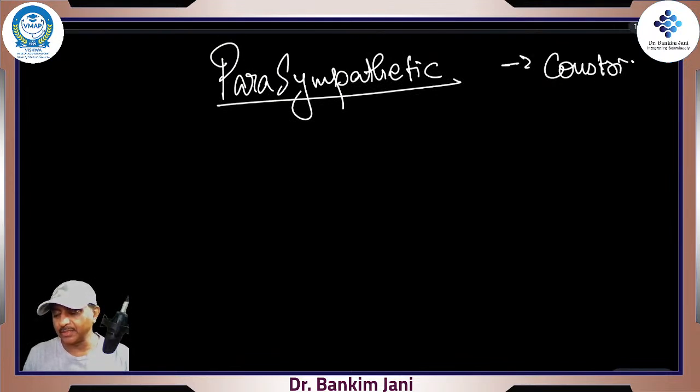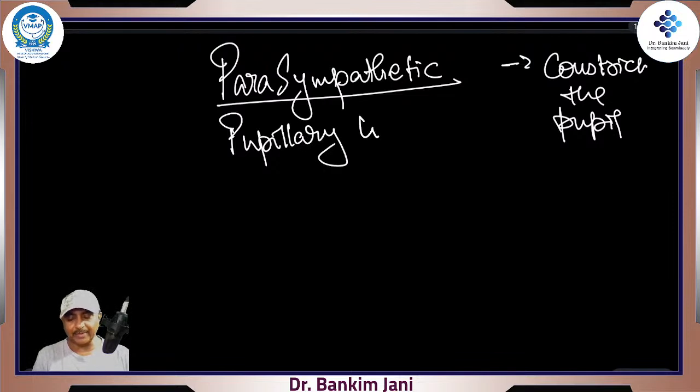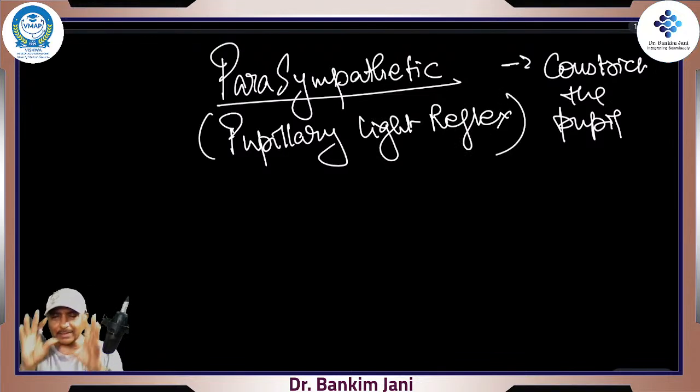Now the pupil which is to be constricted in the presence of light, we will rightly say, is the pupillary light reflex. Whenever there is light, immediately our eyes shrink and the pupil becomes smaller.